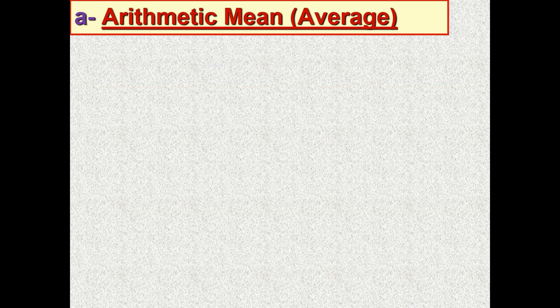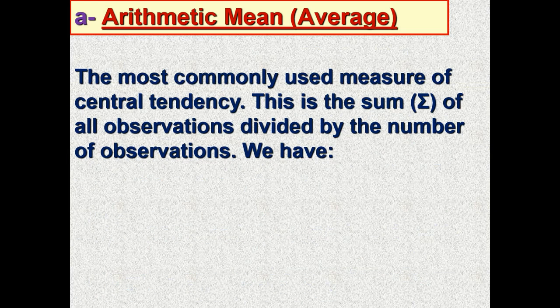Mean or arithmetic mean is also called average. The most commonly used measure of central tendency, this is the sum of all observations divided by the number of observations.